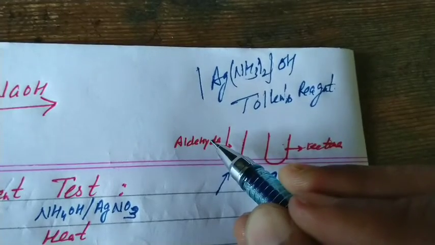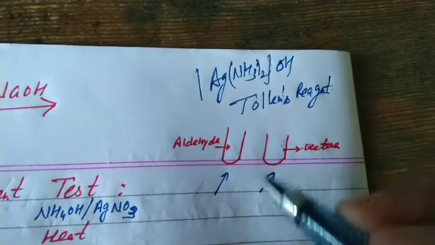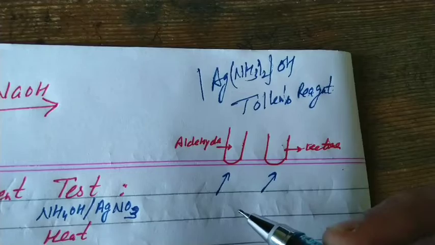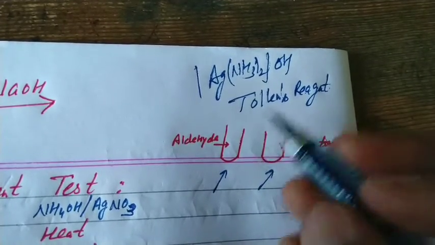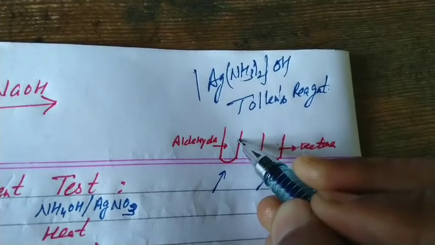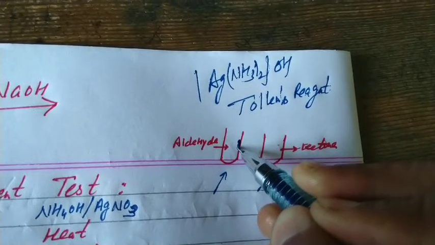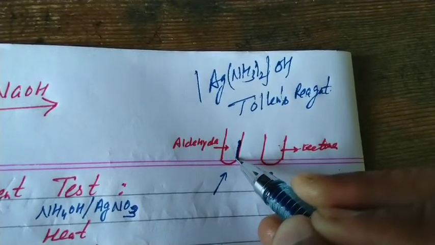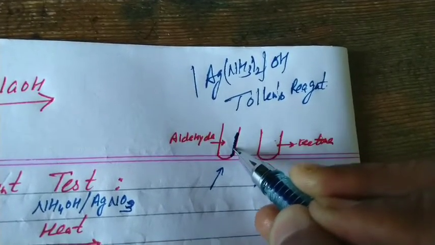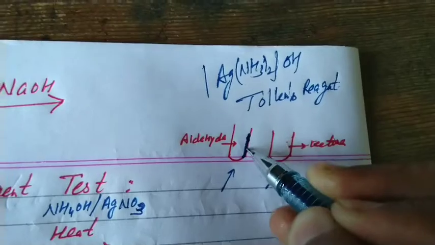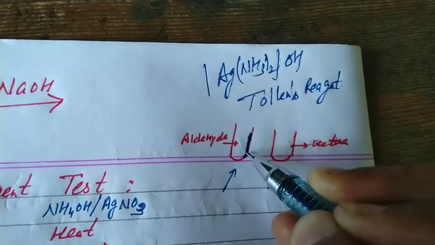Upon heating, the aldehyde will reduce silver ion to silver. And when silver ion is reduced to metallic silver, a shining mirror of silver is obtained on the inner side of the test tube. So we call it the silver mirror test.